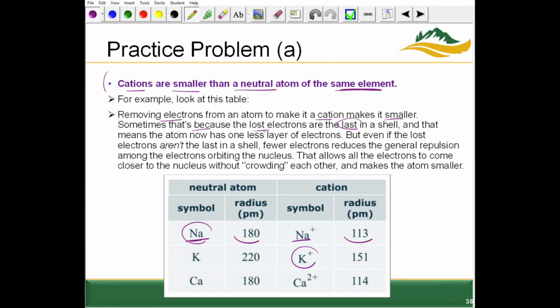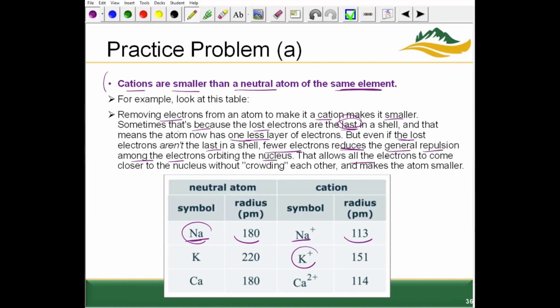Sometimes that's because the lost electrons are in the last outer shell. If we remove an electron that's in the last outer shell, then we'll have one less layer of electrons. But even if the removed or lost electrons aren't in that outermost shell, just fewer electrons in general reduces the general repulsion among those negatively charged electrons around the nucleus.